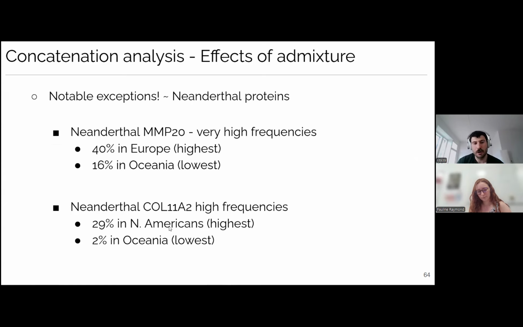And also for collagen 11A2, about 30%, which is the highest in modern humans, is in Native Americans, and it drops for Europeans and Asians, but still relatively high, and very low in Oceanians.